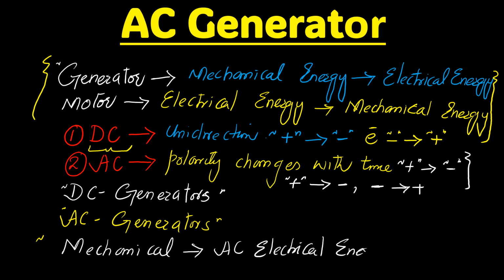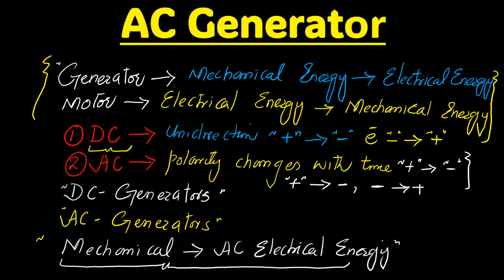So whenever electricity is gained by an alternating current generator, the electricity received will be alternating current based electricity. So now this lets us conclude: an alternating current generator is a generator which converts mechanical energy into alternating current electricity, or AC based electricity.